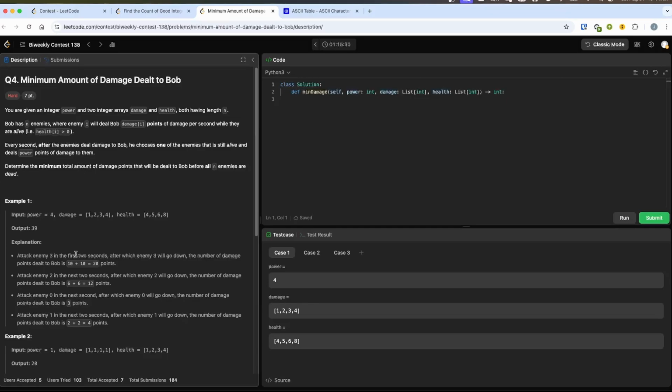So we want to attack enemy 3, the first 2 seconds.